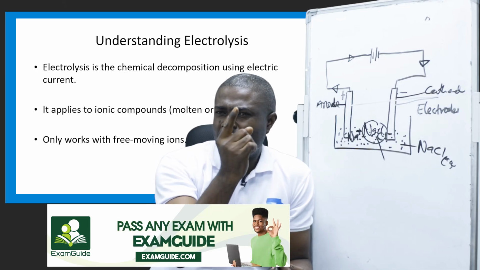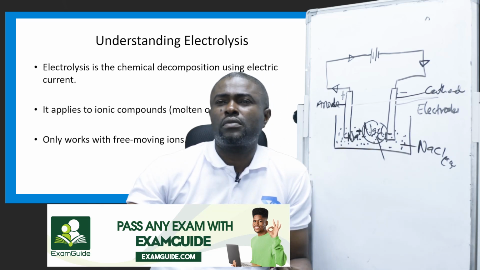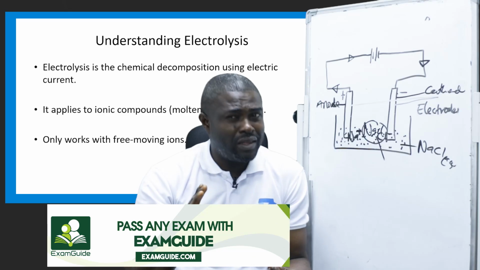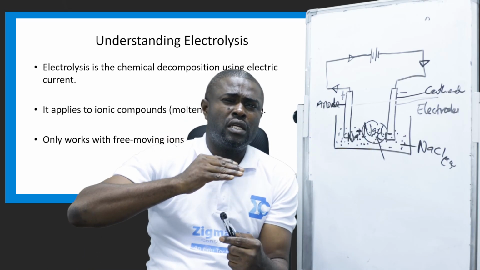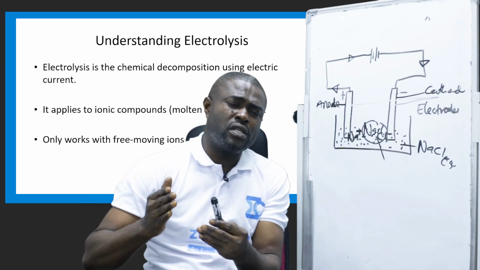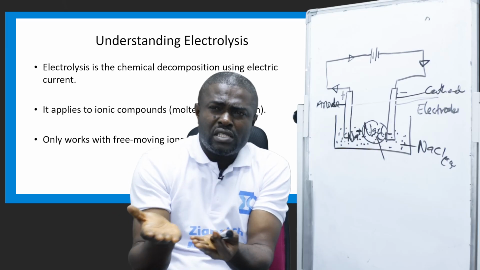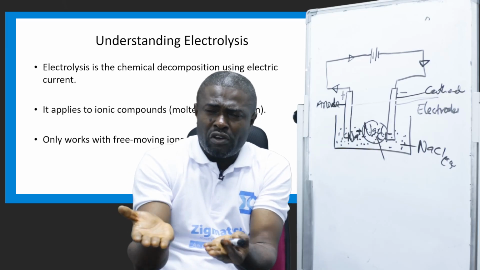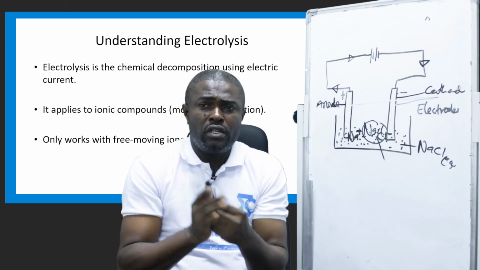Because current has to pass through it. Get this right, because if you understand this part, the next aspect of this topic, when we shall be dealing with the analysis of various electrolytes, their electrolysis, you will not find it difficult.